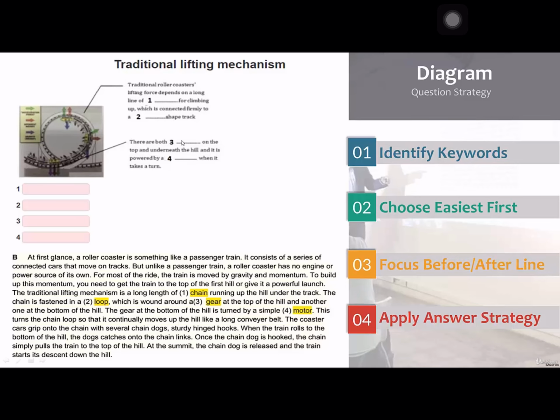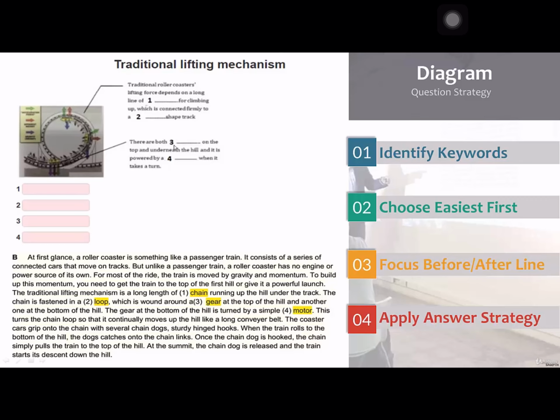There are both gears on the top and underneath. So this is one of those situations where when you look at the answer key, you would see the word gear and the word gears as both acceptable. Because the way the grammar is written in the passage, the word gear is singular. But the way the grammar is written on the answer in the question, the word gear would be plural. They would accept the singular and the plural.